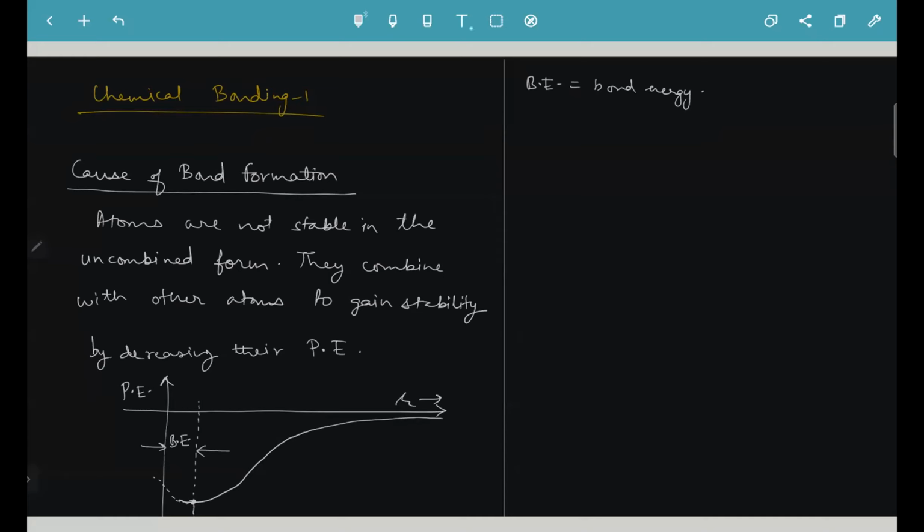Sorry, this is bond length. बॉन्ड एनर्जी ये वाला वैल्यू हो जाएगा. Bond energy is the energy required to break a bond.